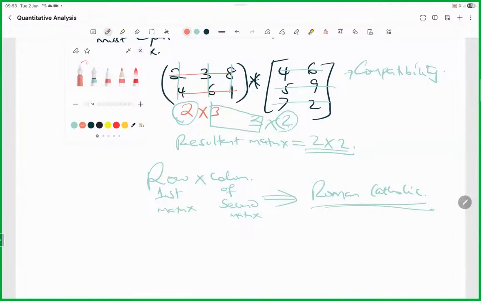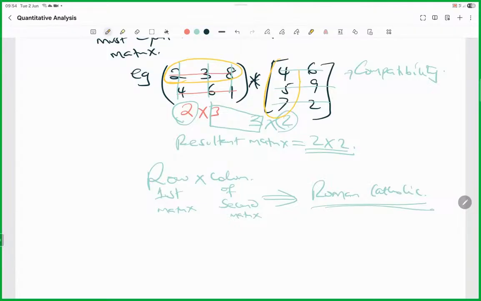We happen to have our first row. The first row is this 2, 3, 8. We multiply the first row of the first matrix with the first column of the second matrix. Let's do the multiplication. Remember, it is Roman Catholic. It is this row with this column down.